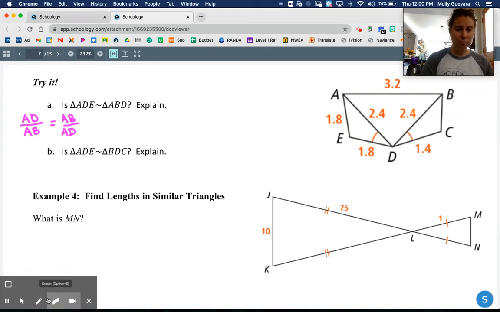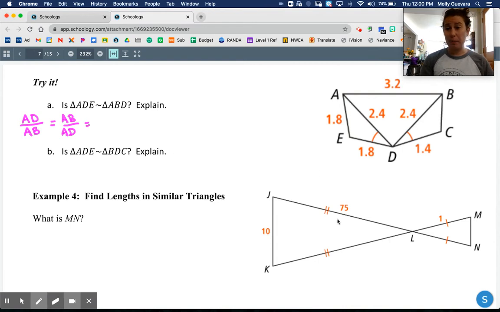Okay? So whichever way works for you. I tend to like to do the bigger number on top. So AB is 3.2 and AD is 2.4. So 3.2 over 2.4 gets me 1.33 repeating.